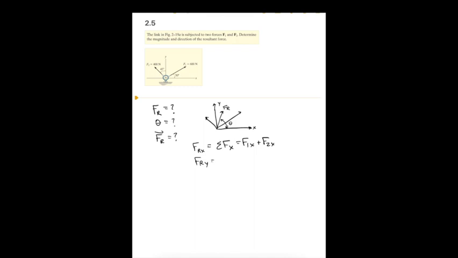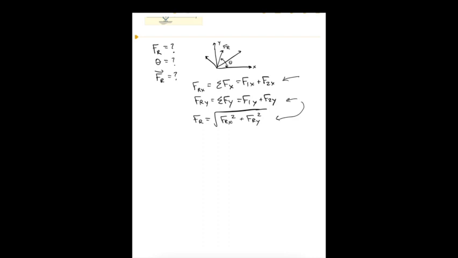And same thing for the y, F1y plus F2y. And so we can use this information because we know that FR is equal to the square root of these squared, so FRx squared plus FRy squared. So as long as we can solve these, we can plug them into this equation to figure out what FR is.